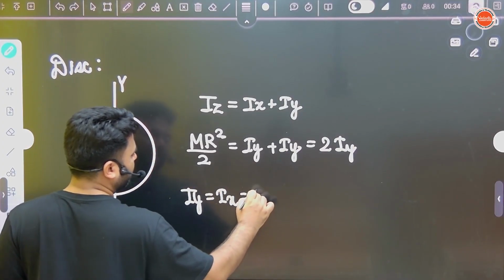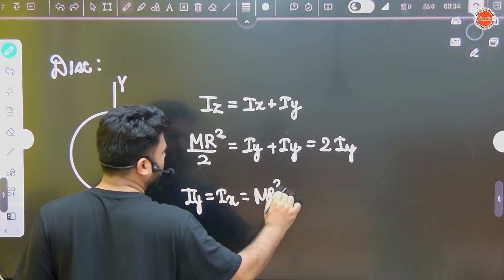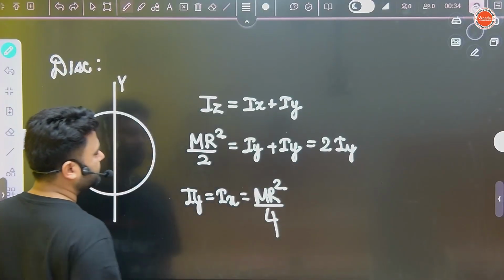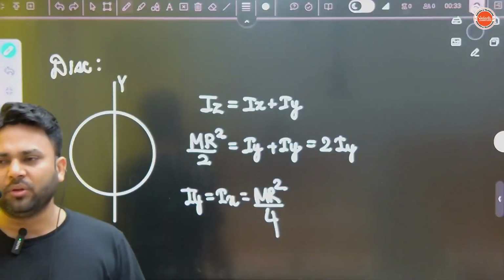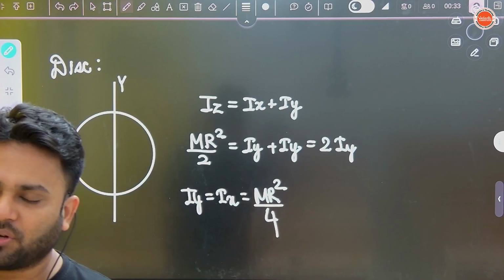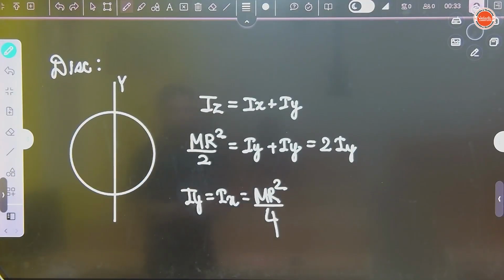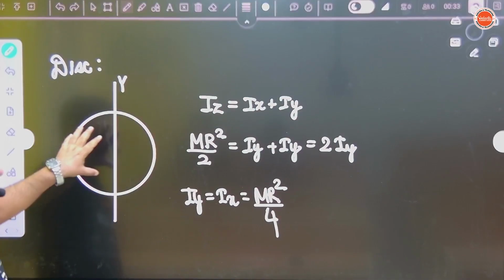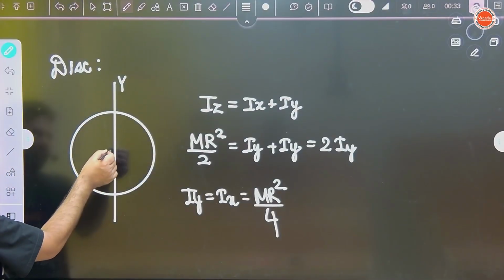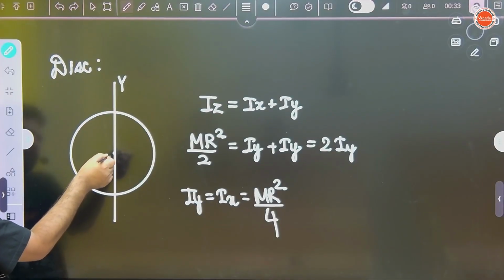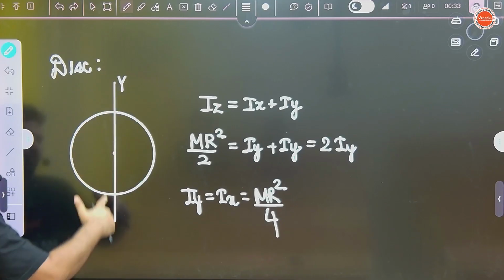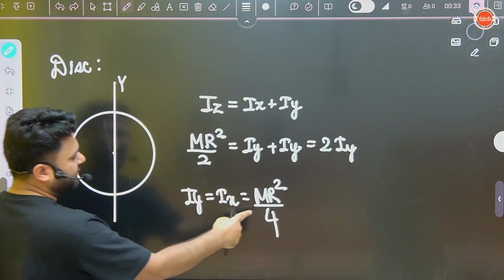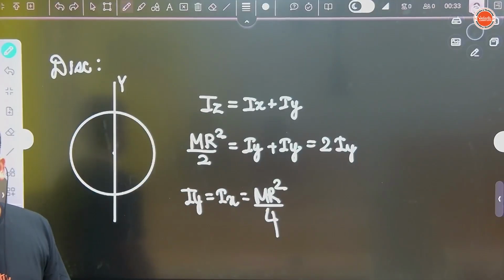This 2 will go there, equals mr square by 4. So these are two important theorems, parallel axis theorem and perpendicular axis theorem. You should be able to know this. If they ask the moment of inertia about z axis, it will be mr square by 2. If they ask moment of inertia about y axis or x axis, it will be mr square by 4.